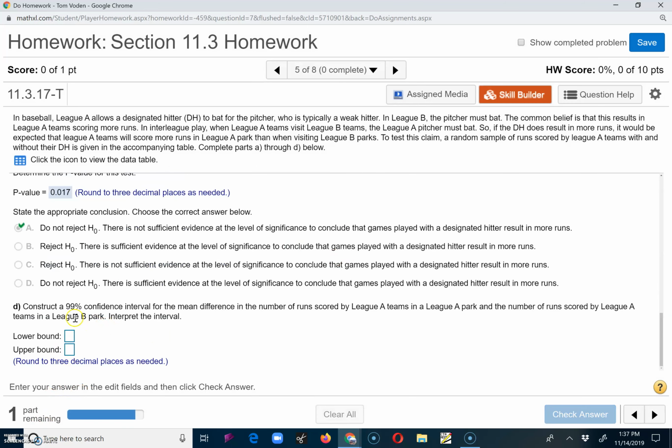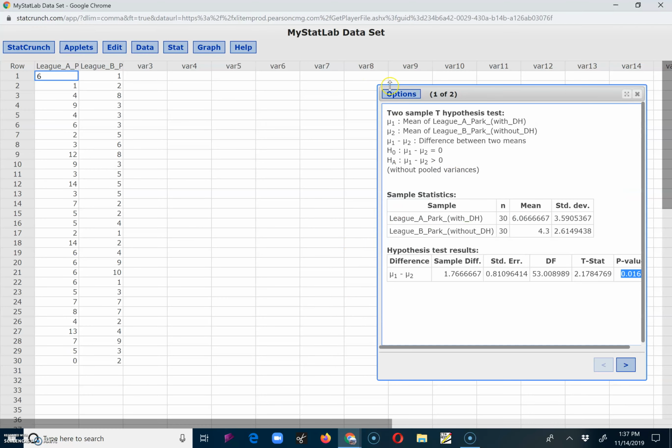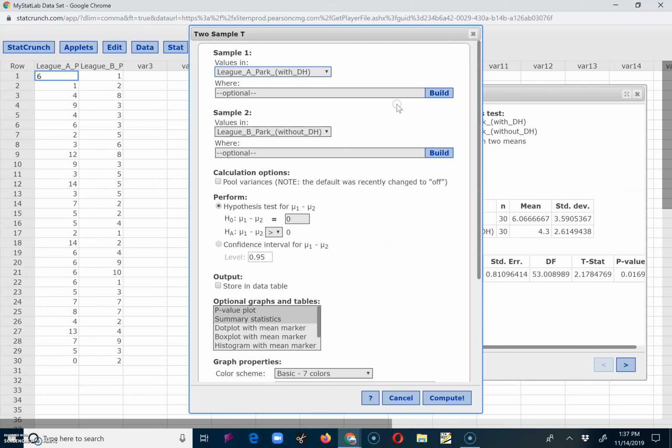And in this case, they're asking us for a 99% confidence interval. We could do this manually, but back in StatCrunch, in that same output, we were able to get a confidence interval, and they asked us for the 99% level.